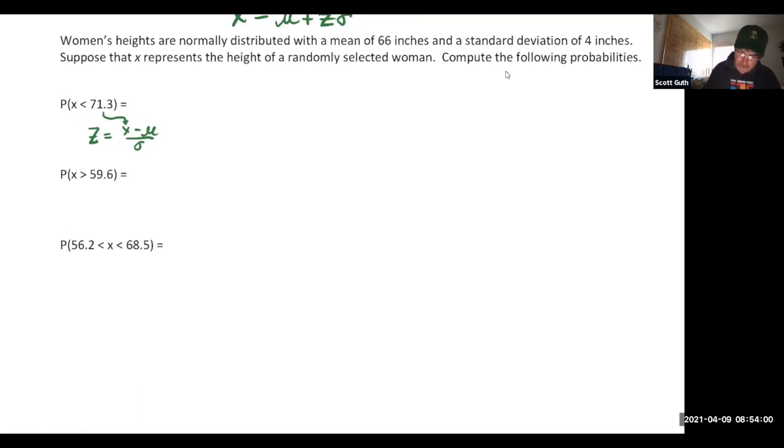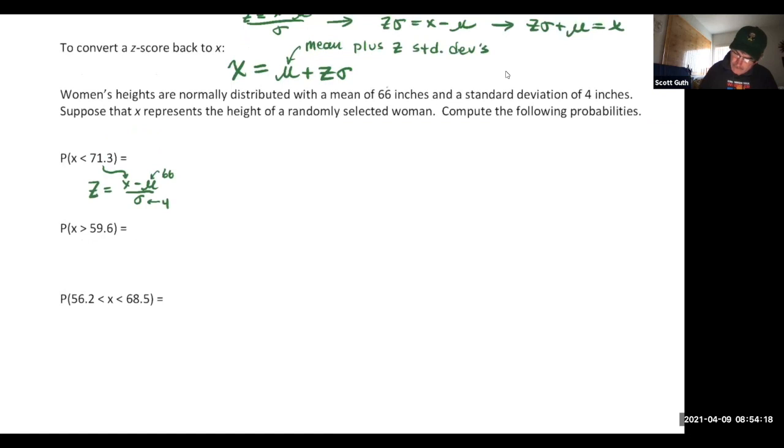Now you put in the 71.3. Mu is the mean, so that turns out to be 66 as given in the problem. And the standard deviation is 4, and again, that's given as well. So the mean is mu, and the standard deviation is sigma.